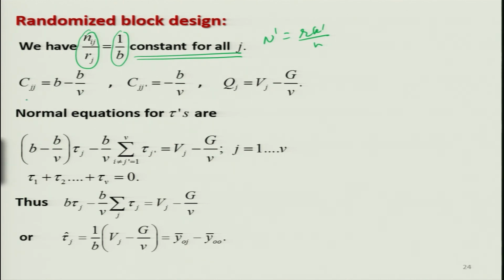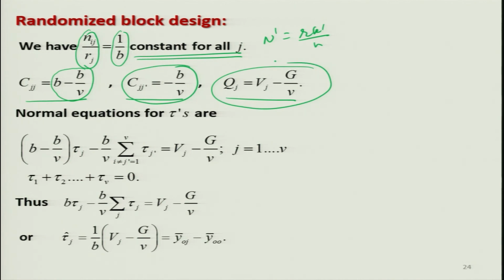And now, try to look back into the definitions of Cjj, Cjj prime and Qj that we had obtained in the beginning of the incomplete block design analysis, and try to substitute all the values which you have just obtained. Then you can obtain Cjj as b minus b upon v, and Cjj prime will be obtained as minus b upon v, and Qj will be obtained as Vj minus g upon v.